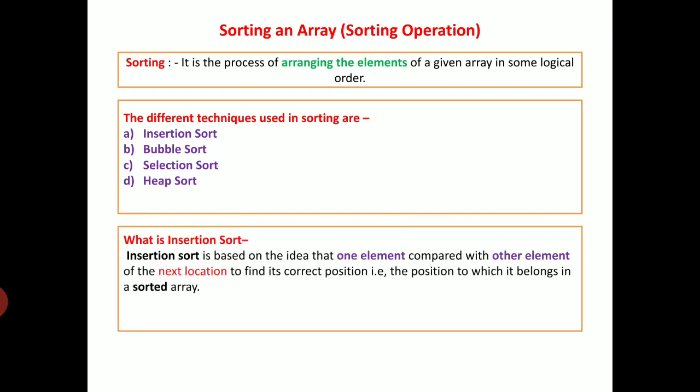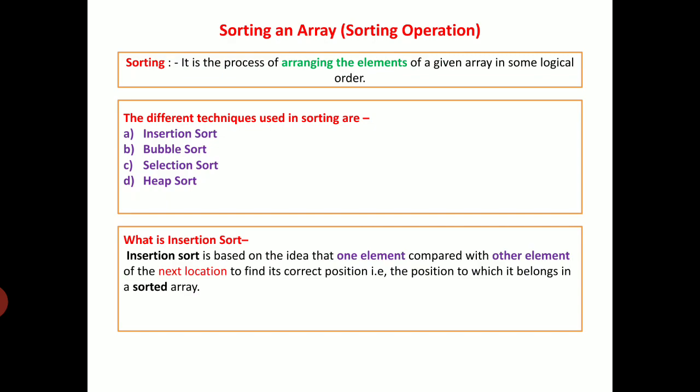Insertion sort is based on the idea that one element is compared with the other element of the next location to find its correct position, that is the position to which it belongs in a sorted array. So, how does it arrange the elements in the array?